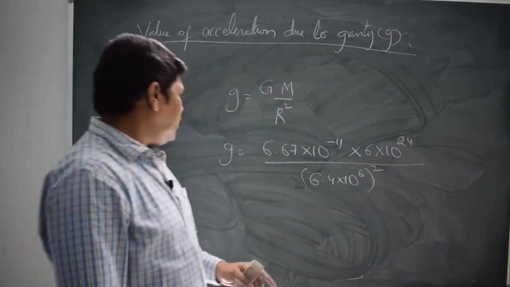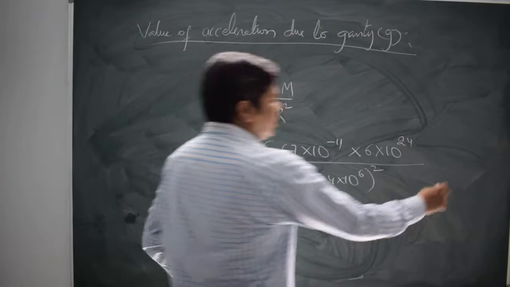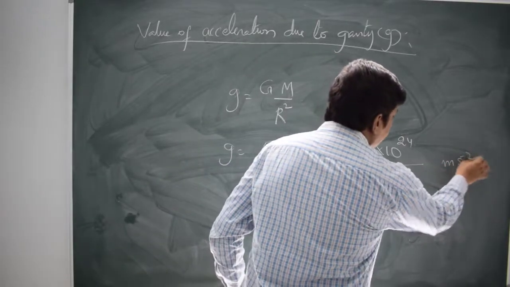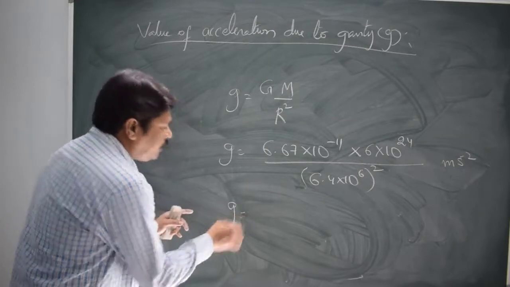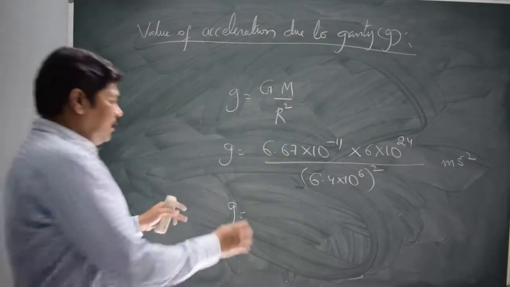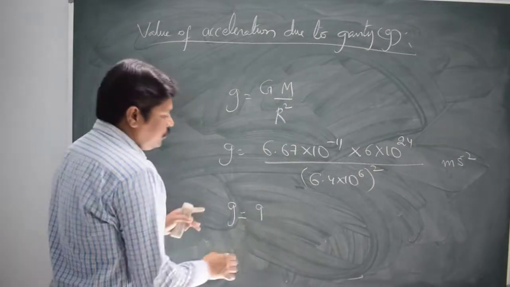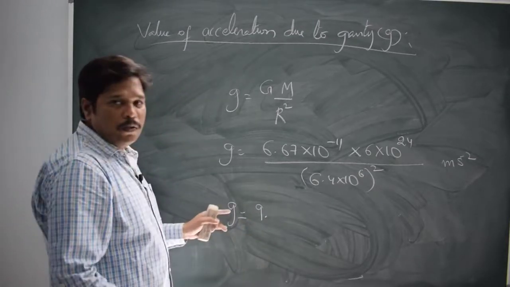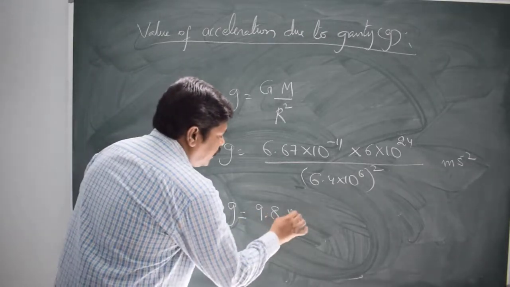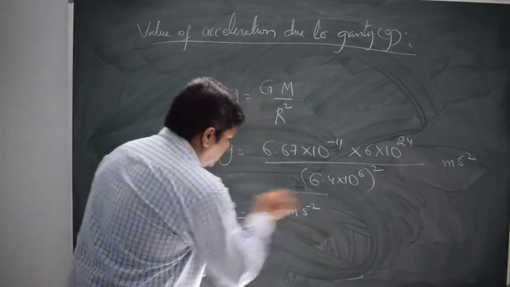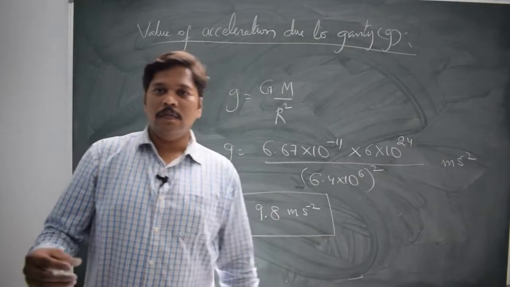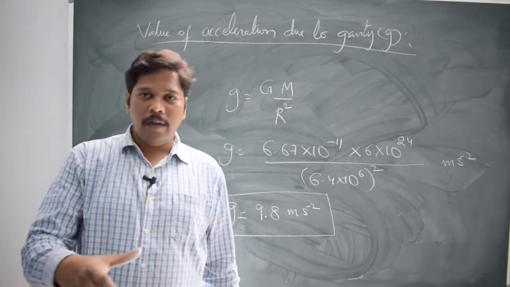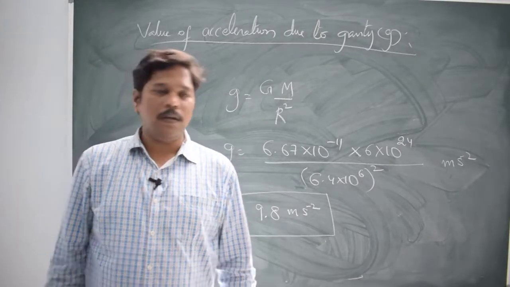The units work out to meter per second square. After solving, we get the value of small g as 9.8 meter per second square. That is the acceleration due to gravity experienced by all objects on the surface of the earth.